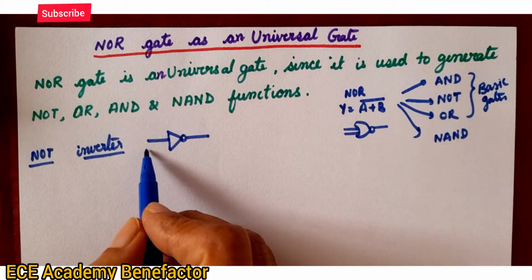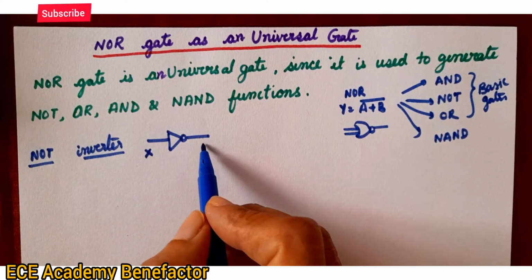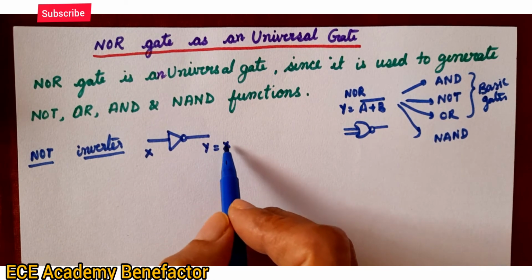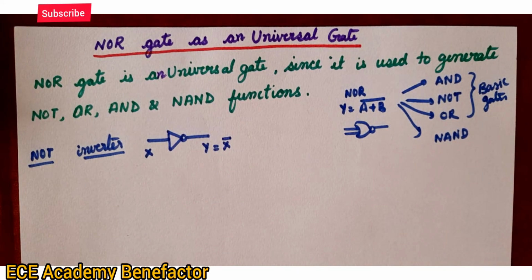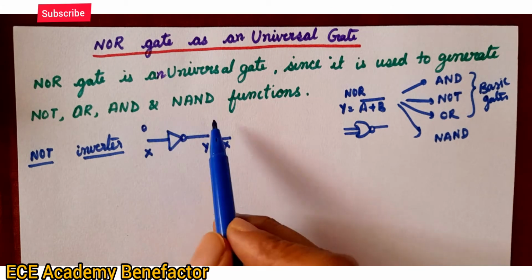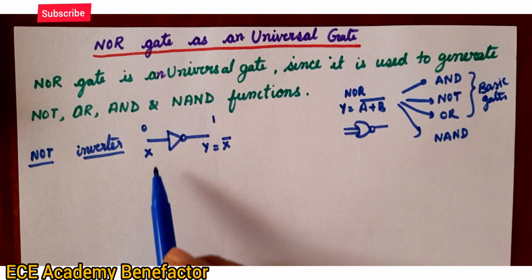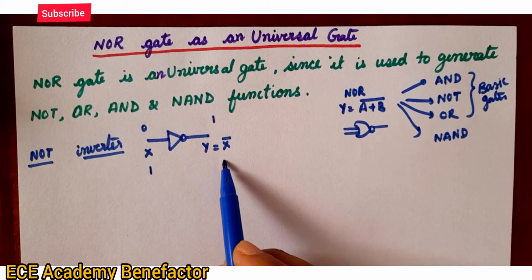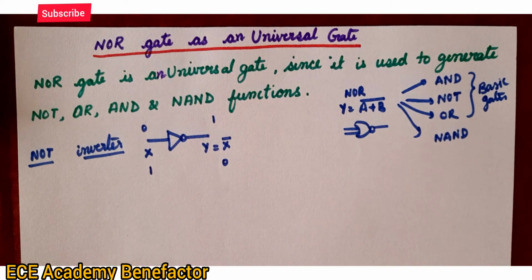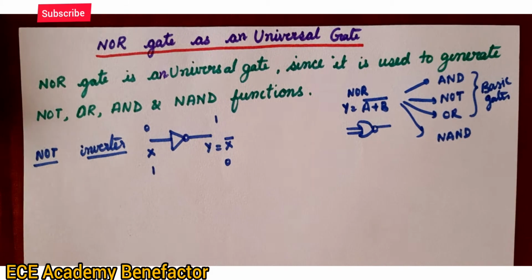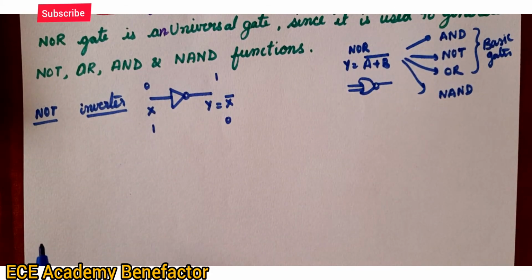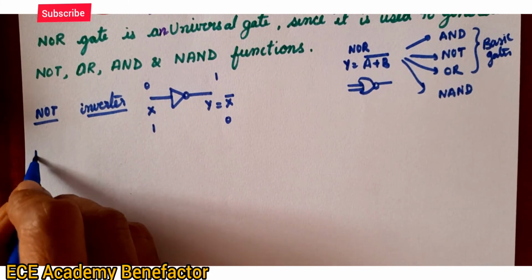If the input is X, the output will be X bar, the complement of it. If the input is 0, output will be 1. If the input is 1, the output will be 0. The complement of the input is known as NOT gate or inverter. So how can the NOT gate be designed using NOR gate?